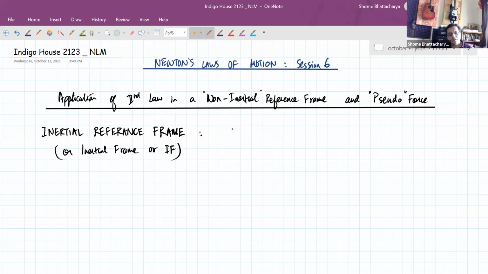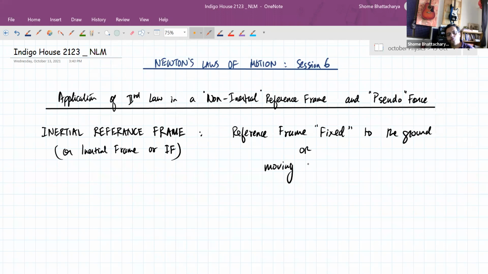So this is a reference frame fixed to the ground, or moving with uniform velocity.